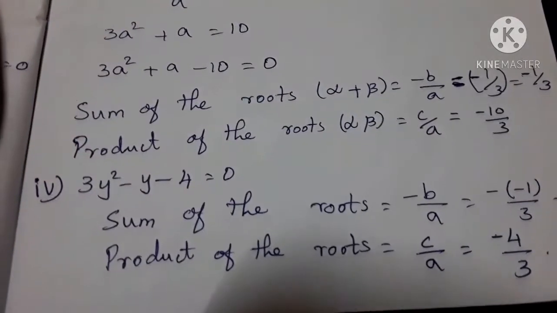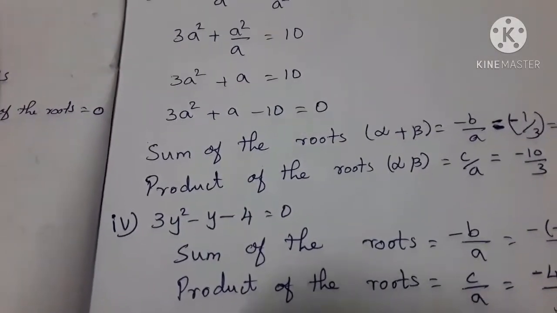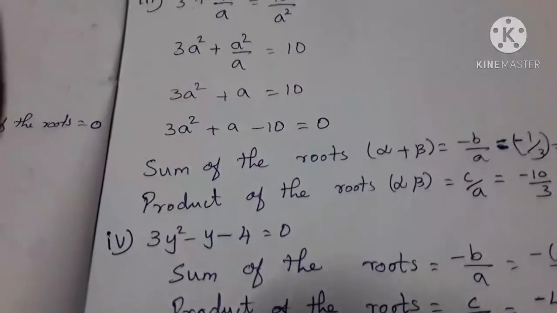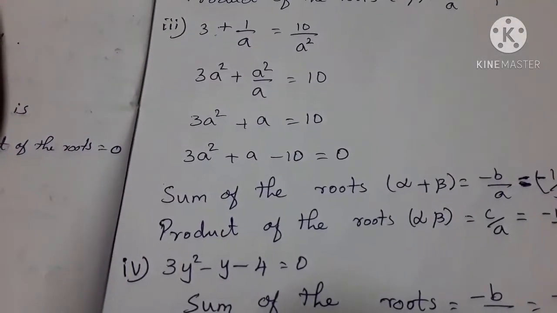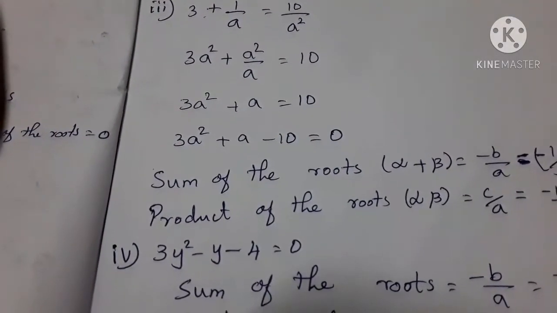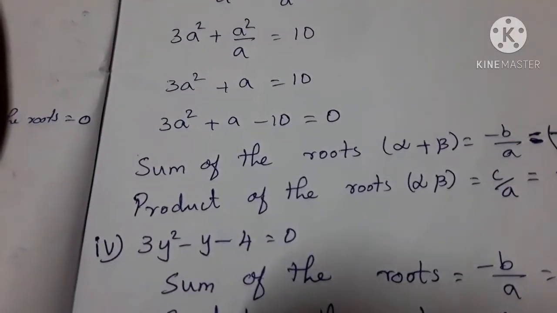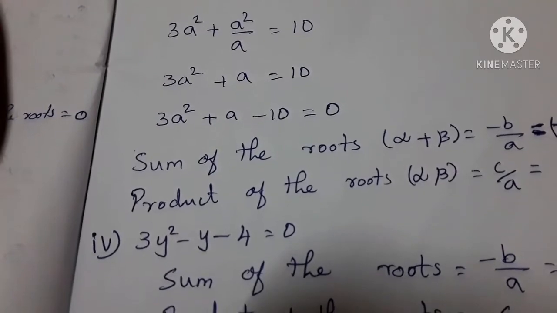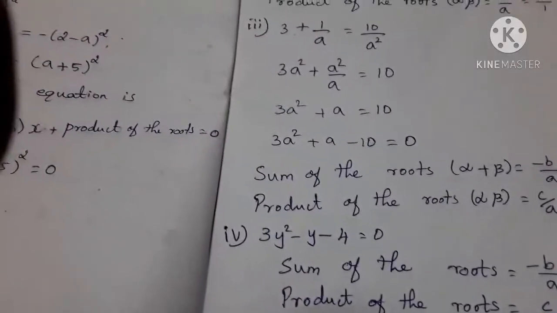So thank you students, I think you understand. What did we learn today? Quadratic equations. We have to form the general form of the quadratic equation, find the roots, and then find the sum and product of the roots, and form the quadratic equation.